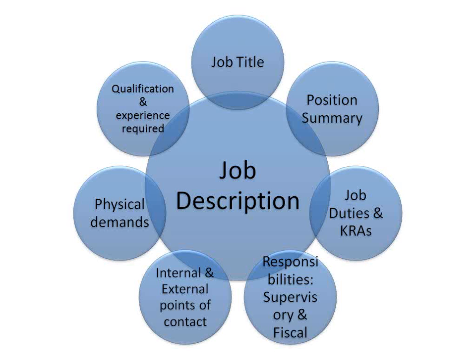Then comes the position summary, which defines the purpose of the job and summarizes the duties and responsibilities of the job. Then come the job duties and the key responsibility areas, where the organization conveys the job expectations, the role and scope by detailing out the essential tasks, duties and responsibilities of the job.